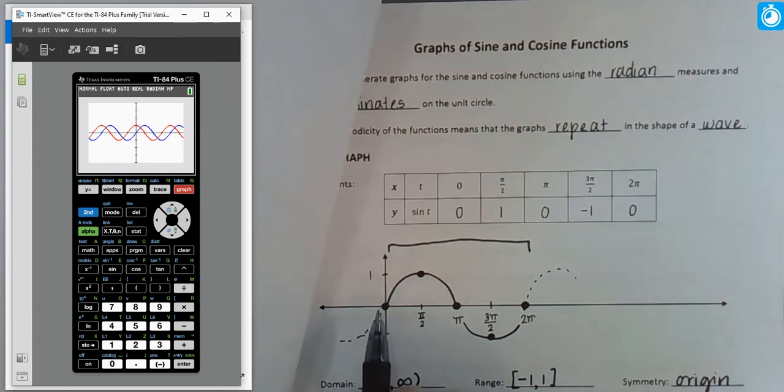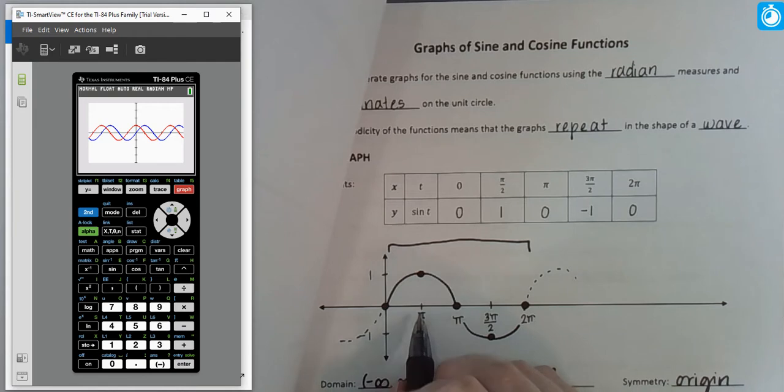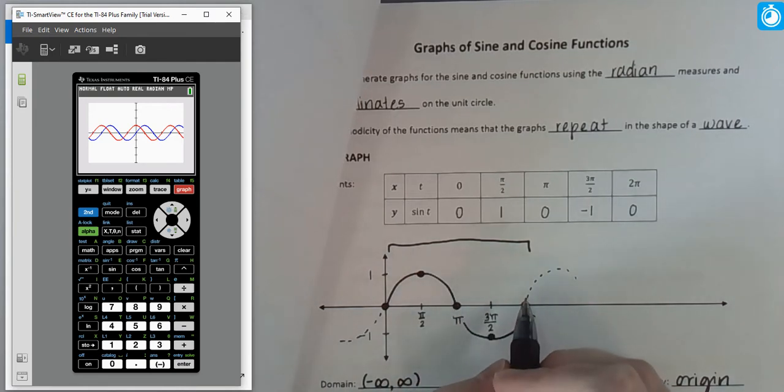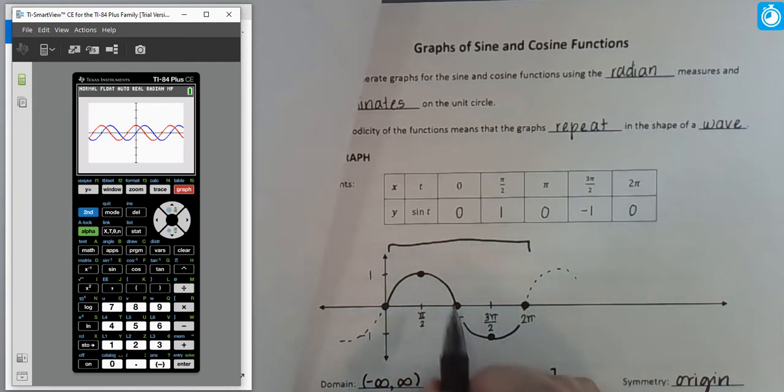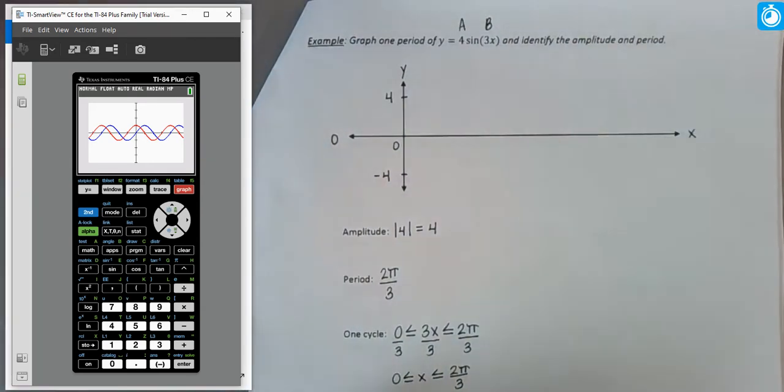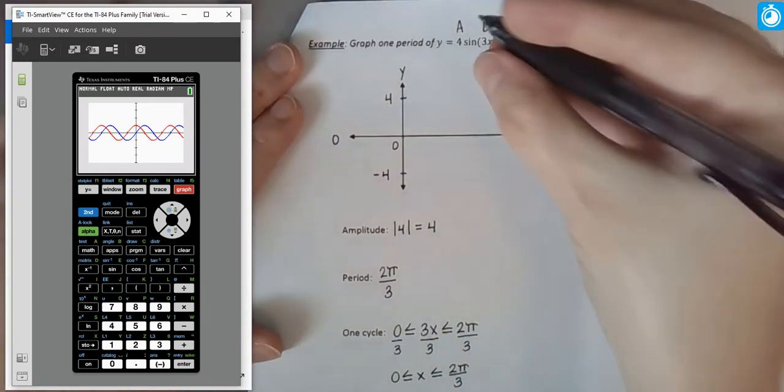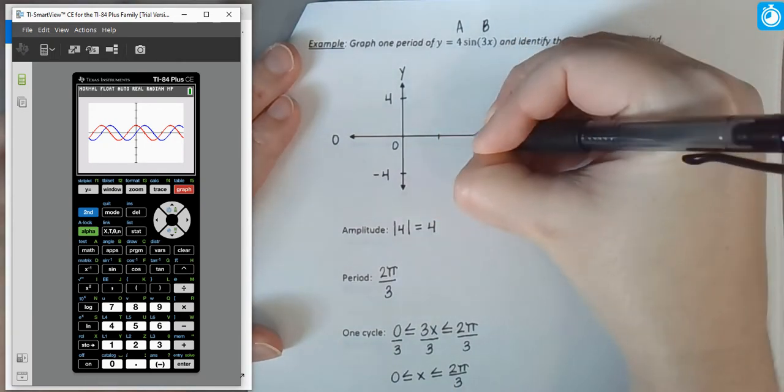But what we're ultimately focused on is, what would the labeling be based on how our function has been transformed. So we have the location where we start, and then from there we have 1, 2, 3, 4 tick marks that are going to label the additional key locations. So what I want to know is, where are those tick marks? I'm going to go ahead and put those 4 tick marks on here.